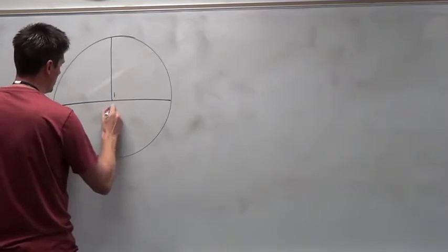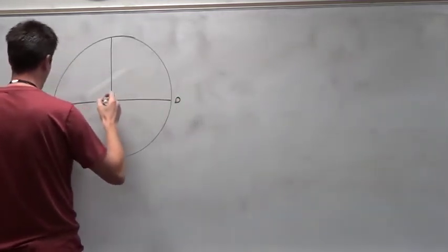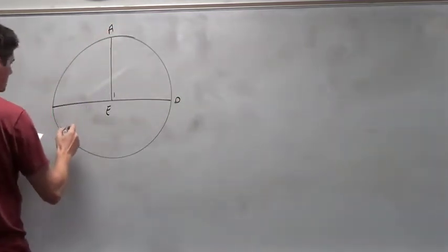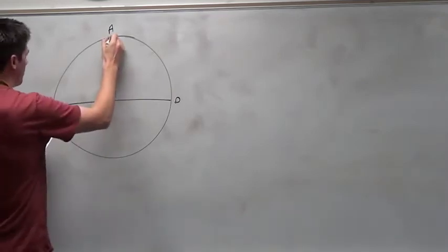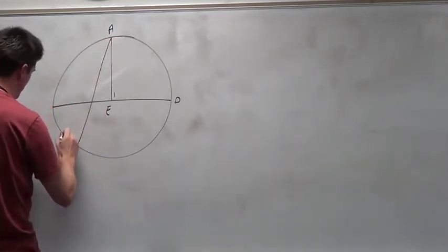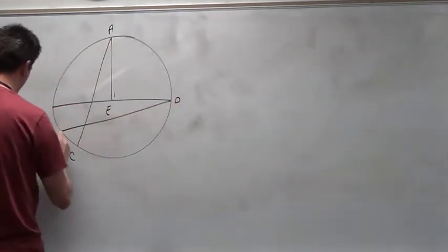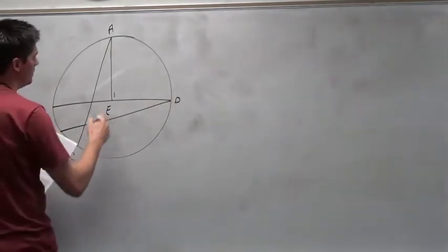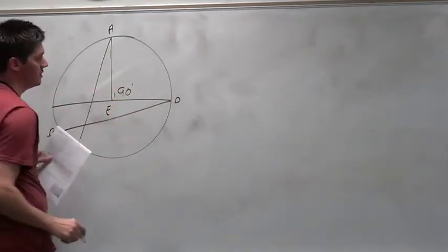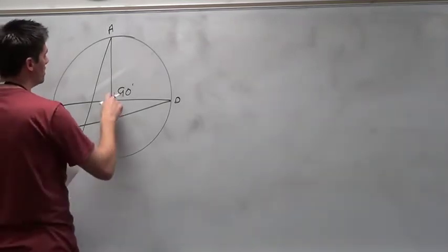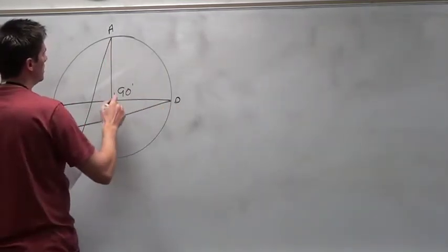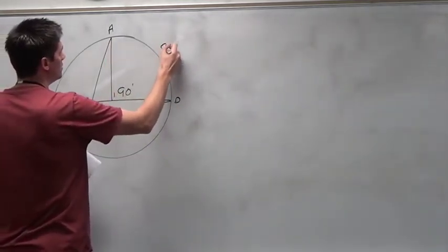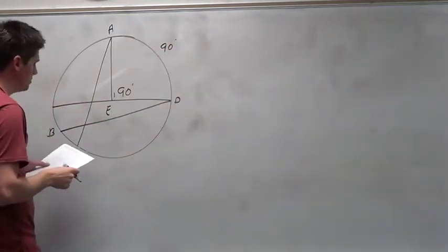I've already done it, so I'll just share the details with you. If you measure this, you'll find out that this is 90 degrees. So what we've learned so far is this is a central angle, and the central angle is going to equal the intercepted arc. So that's going to be 90 degrees as well.